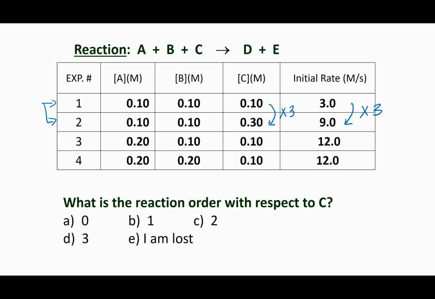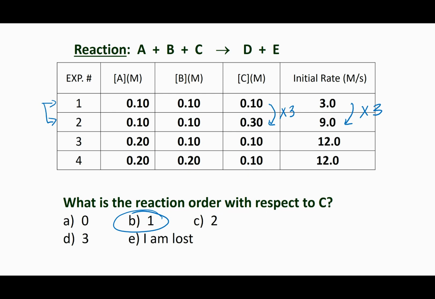So if that's the case, exactly what I did to the concentration happened to the rate itself. So this implies that this is a first order process, and I can automatically say that without doing the long calculations. So in other words, if I doubled C and the rate doubled, I know it's first order.